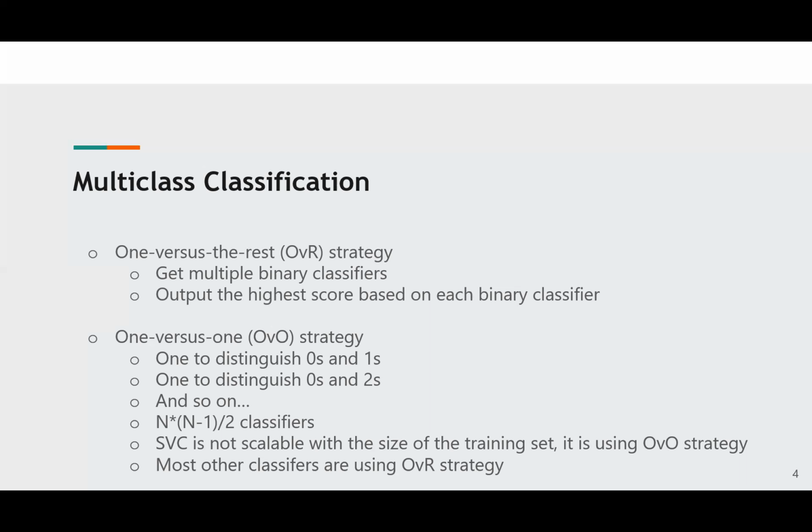However, most other classifiers use the one versus rest strategy. The good news is scikit-learn helps you pick the proper strategy. It's either OVO or OVR, so you don't really need to worry about it too much.